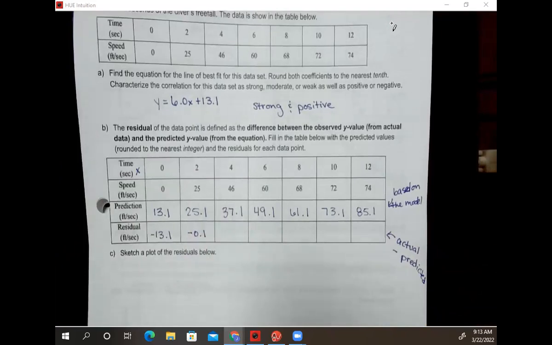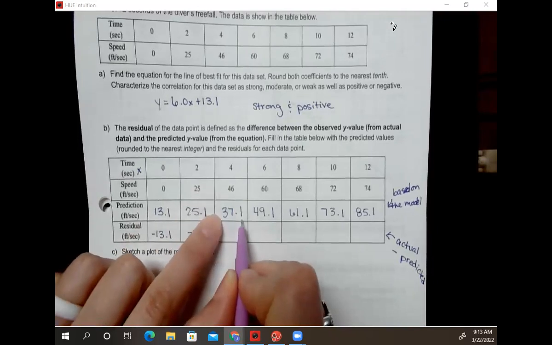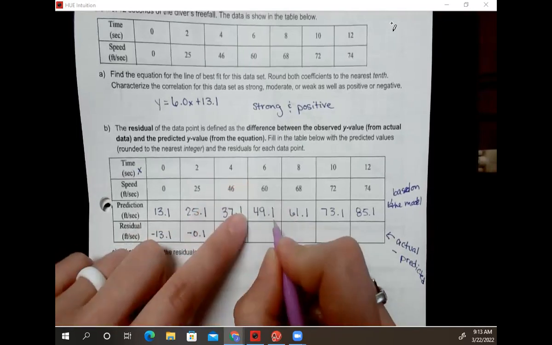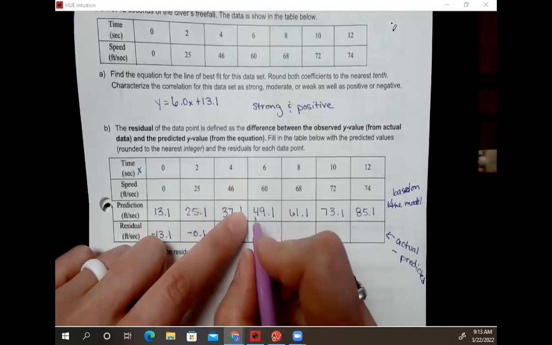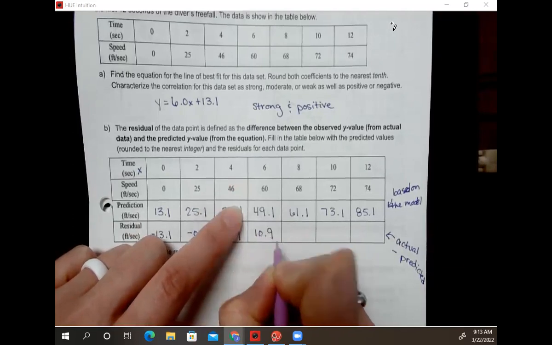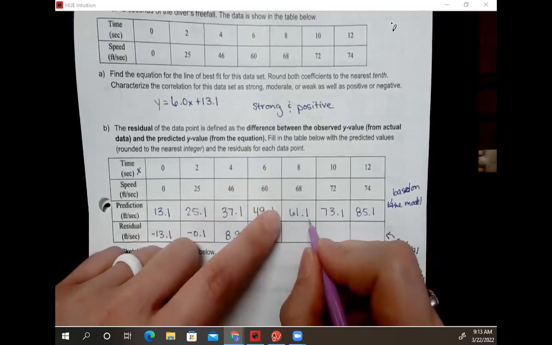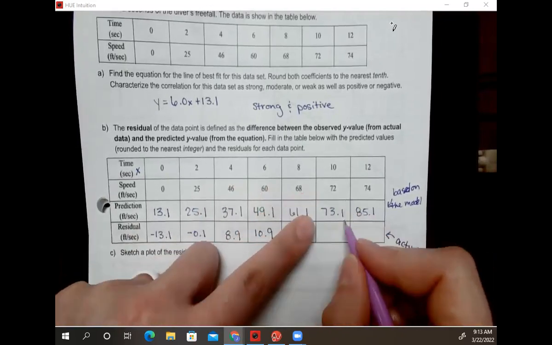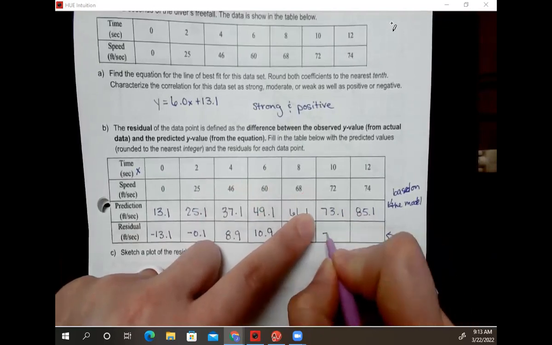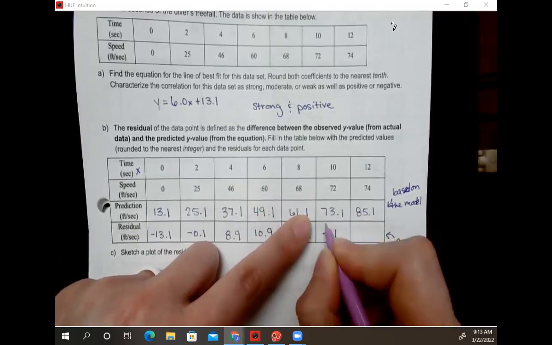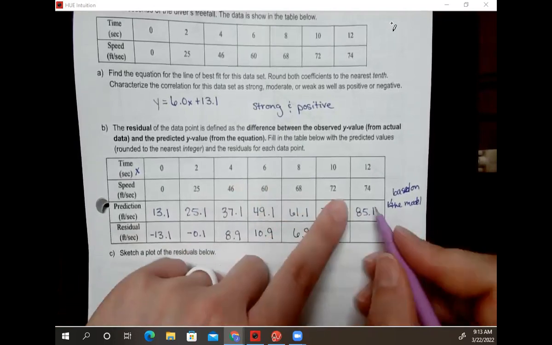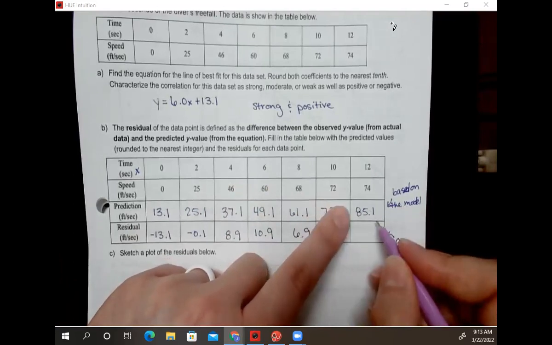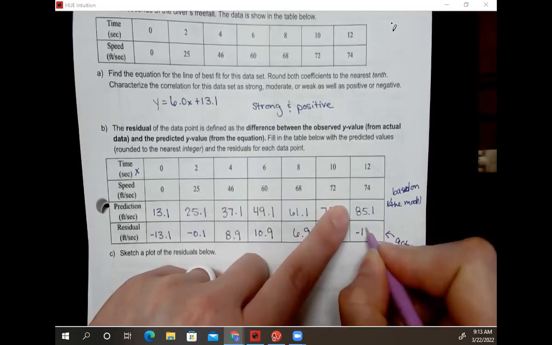Okay, so I'm gonna keep doing this. 46 minus 37.1, that would give me 8.9. 60 minus 49.1, that would give me 10.9. 68 minus 61.1, 6.9. 72 minus 73.1, that'd be negative 1.1 since the predicted is greater than the actual here. And then my last one would also be negative since the predicted is greater than the actual. So 74 minus 85.1 would be negative 11.1.